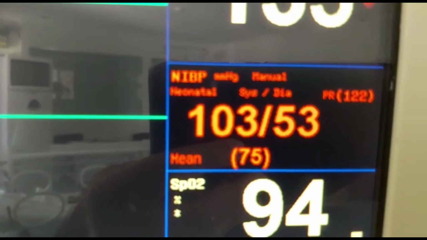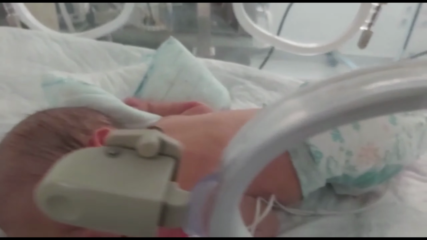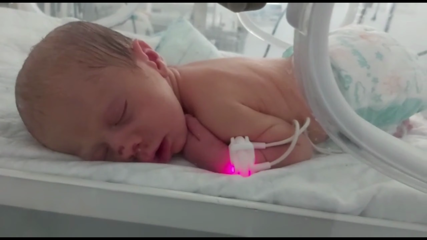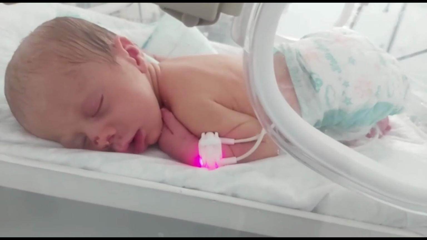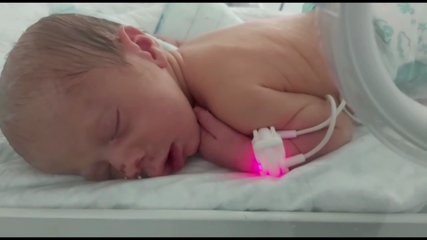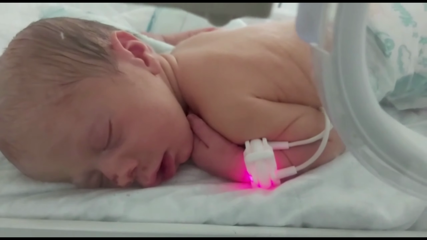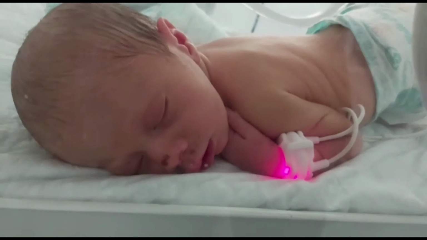For general measures or conservative treatment, if there is evidence of volume or fluid overload, you have to restrict the fluid and give diuretics. If the baby is agitated, irritable, or in pain, you have to manage the pain. If the patient is on medications, you have to review all the medications and the fluids.